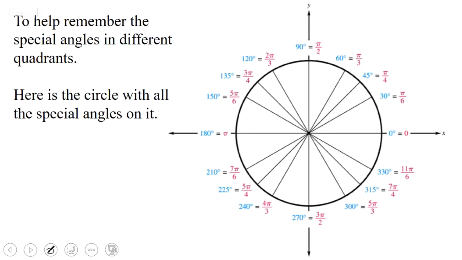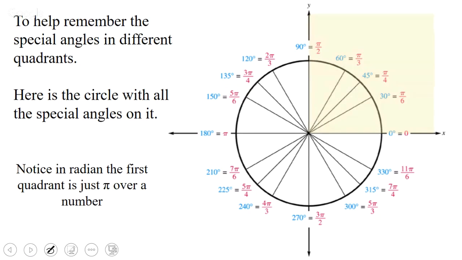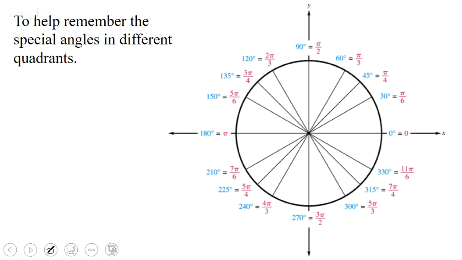So remember in radian measure, this was in the last video, but I want to reiterate it. If you have pi over some number, you're in the first quadrant. If you have one less than the denominator, you have it in the second quadrant.